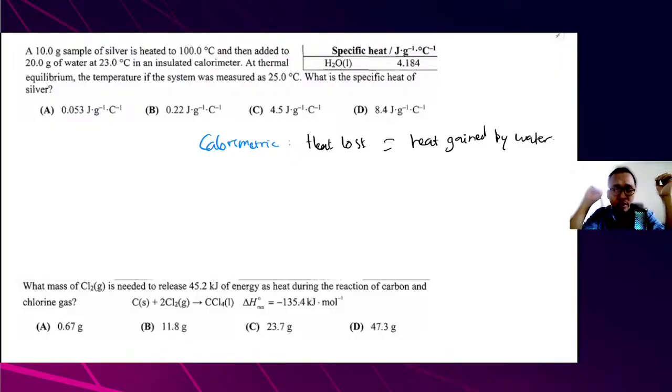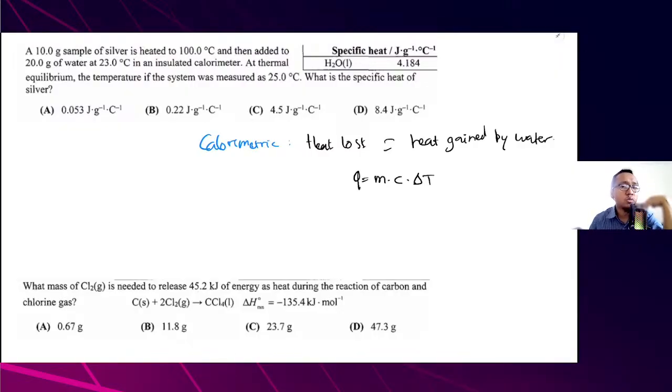As you can see, guys, since the container is insulated, we can use the formula Q equals MC delta T. I think for this type of question in the ACS exam, it will be an insulated container, because if we are dealing with an uninsulated or open system, it will be much more complicated.